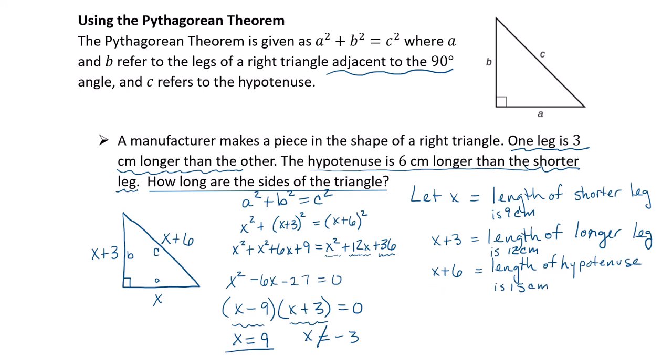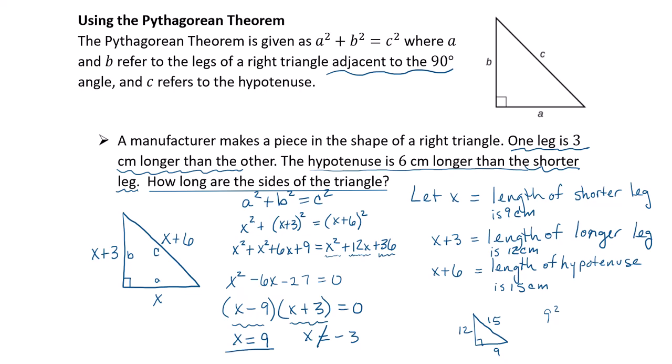Now just double check the answers that we've gotten here make up this right triangle of 9, 12, and 15. We know that all of those numbers fit into the variables we've defined as x, x plus 3, and x plus 6, but the numbers here should still satisfy the Pythagorean theorem.